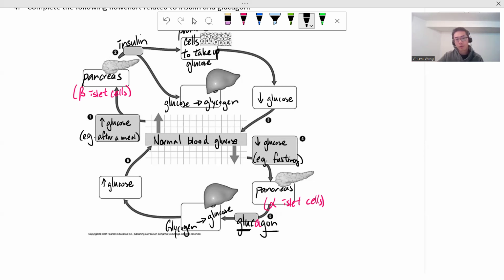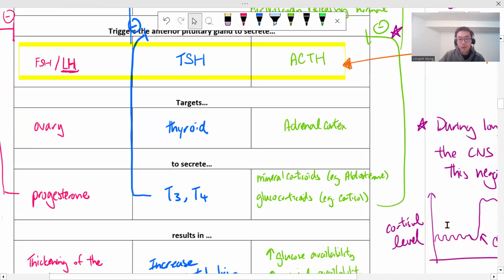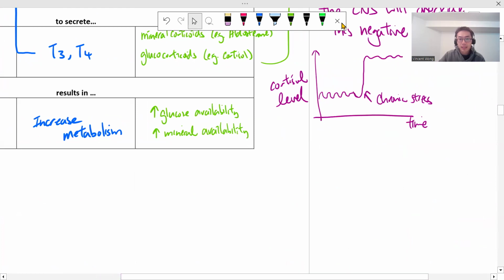But eventually, if you are fasting for an extended period of time with no food intake, then remember we talked about the cortisol, right? So your body's going to be stressed out, long term, chronic. So the cortisol is now going to kick in. Your central nervous system is going to override the negative feedback from the cortisol, and then the cortisol level is going to go up.